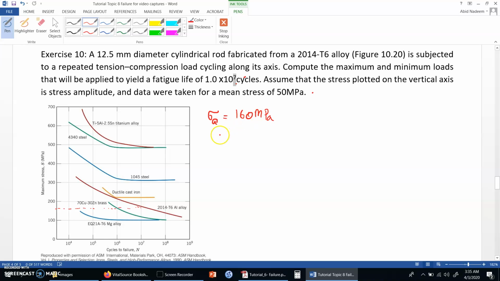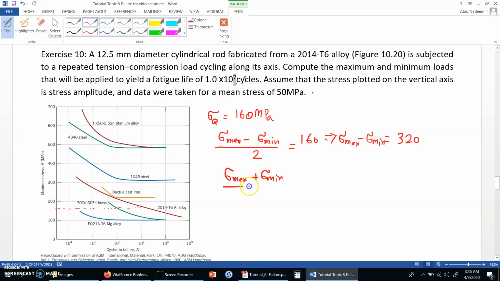So which is basically sigma max minus sigma min divided by 2 is equal to 160 megapascal. So this means that sigma max minus sigma min will be equal to 320, and the mean stress is 50 megapascal. So sigma max plus sigma min divided by 2 is 50.